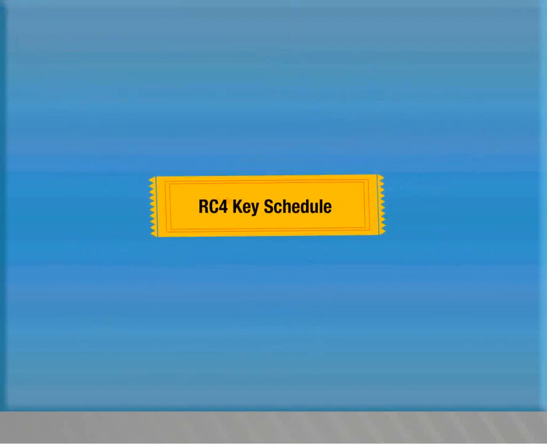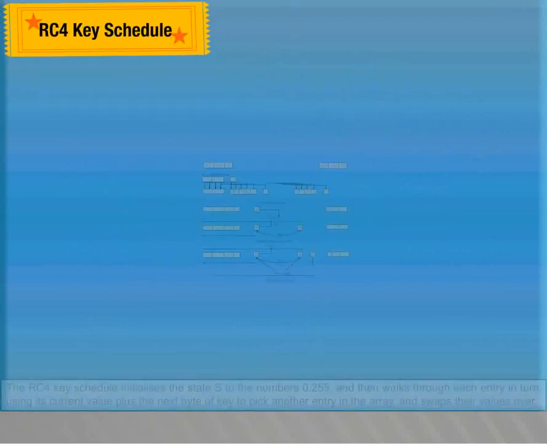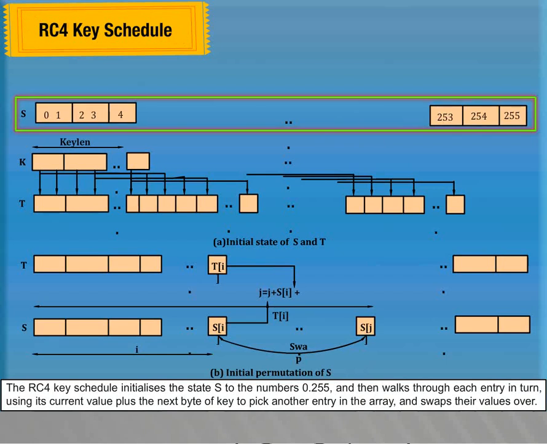RC4 key schedule. The RC4 key schedule initializes the state S to the numbers 0 up to 255 and then walks through each entry in turn, using its current value plus the next byte of key to pick another entry in the array and swaps their values over.